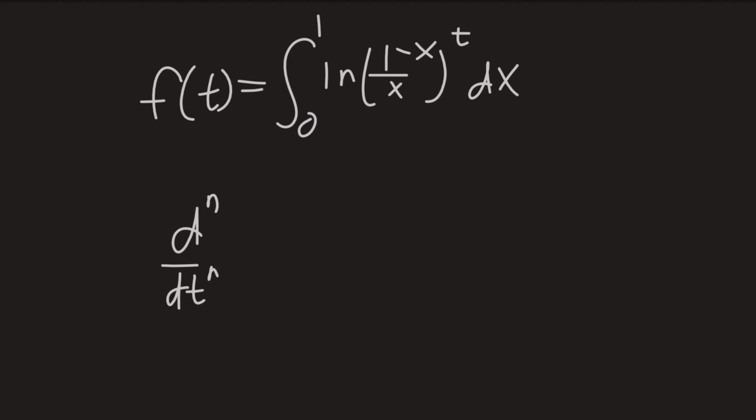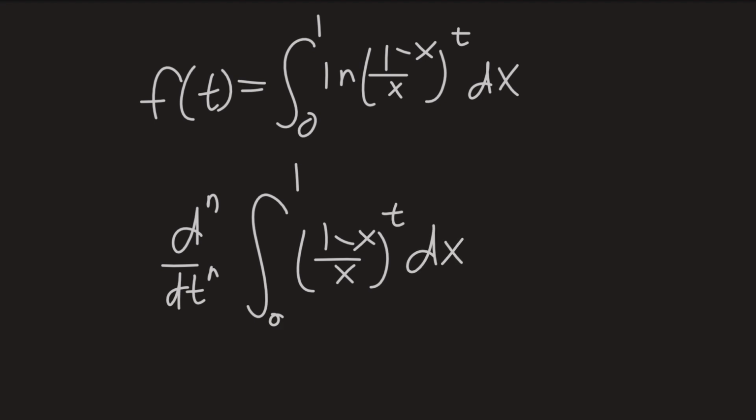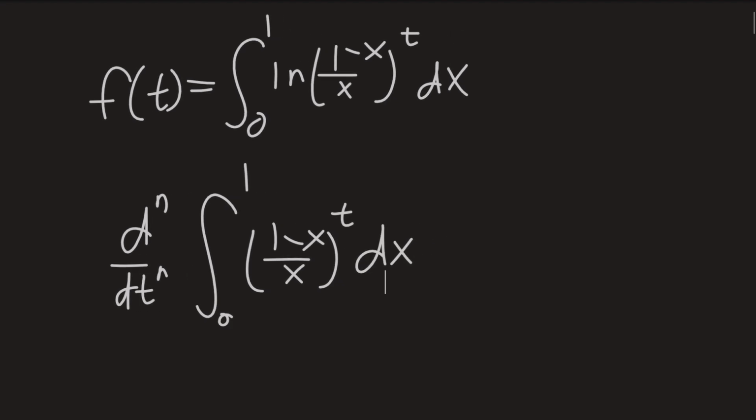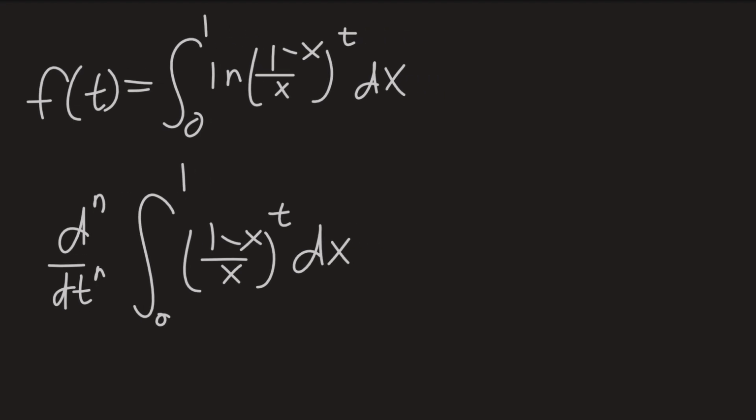So, integral from 0 to 1. And what we're actually going to be differentiating is not this natural log term, but this (1 minus x over x) to the t, dx. I'll write this off to the side. Whenever we differentiate this with respect to t, the (1 minus x over x) is constant relative to t.